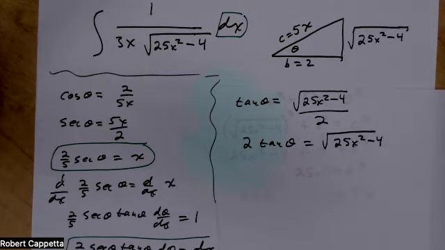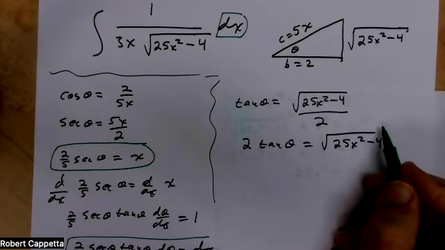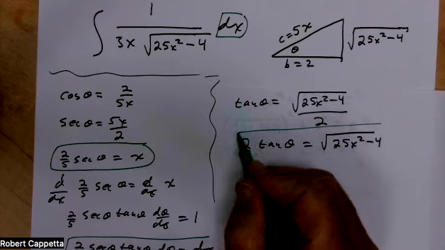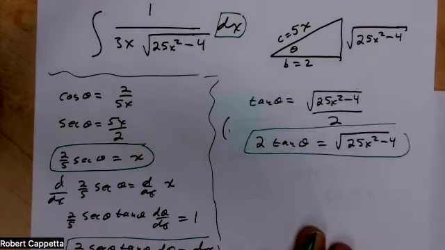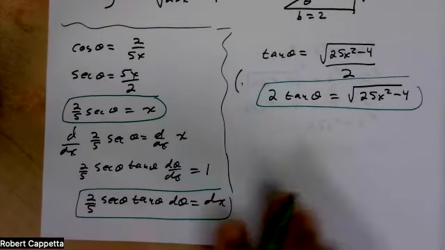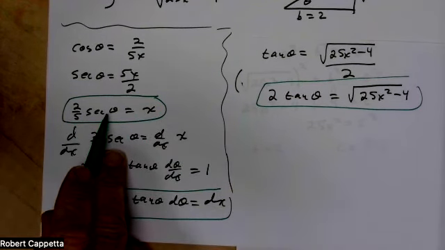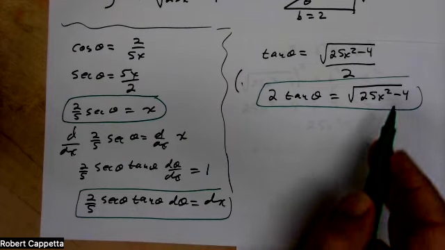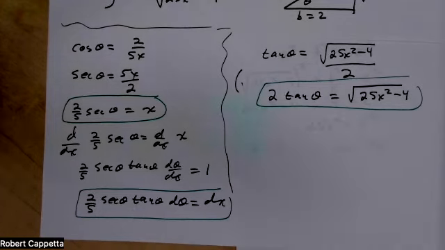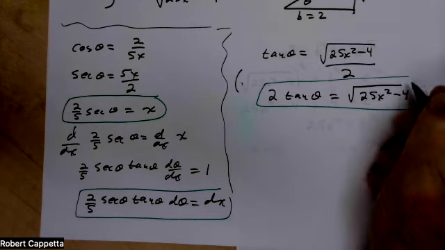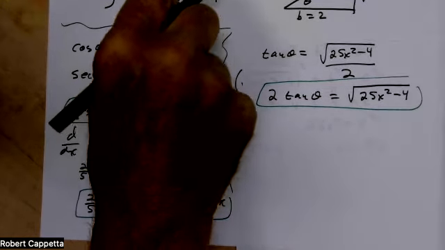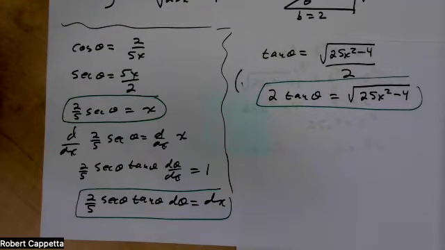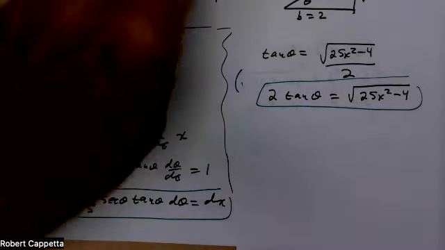And this we're going to need to substitute as well. We have all of these pieces that we need to substitute. Let's look at the 3 pieces. Again, x is 2/5 secant theta. Dx is 2/5 secant theta tan theta d theta. And root 25x squared minus 4 is 2 tangent theta. We're going to make all those substitutions in the original question to go ahead and evaluate that integral.